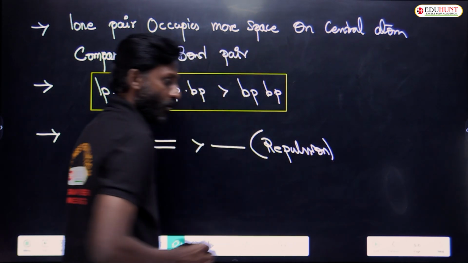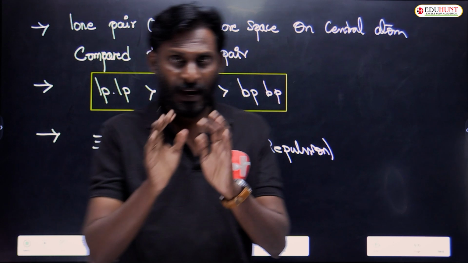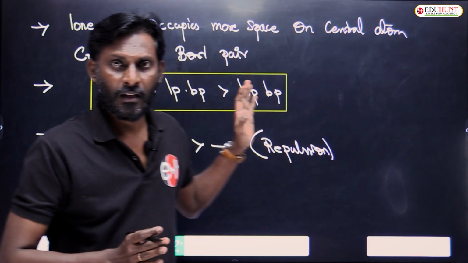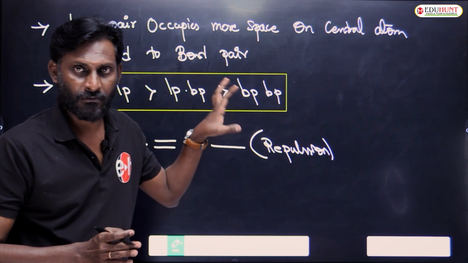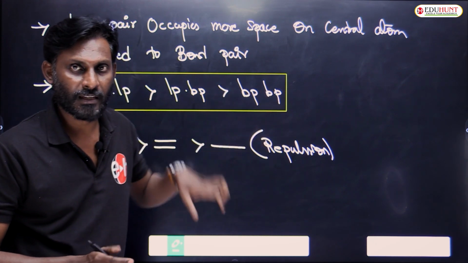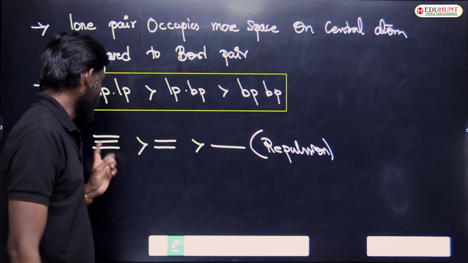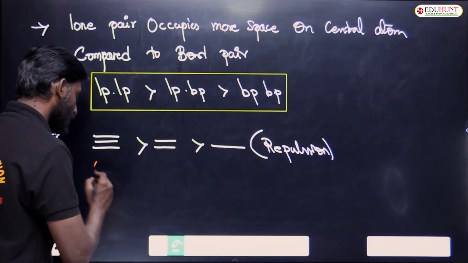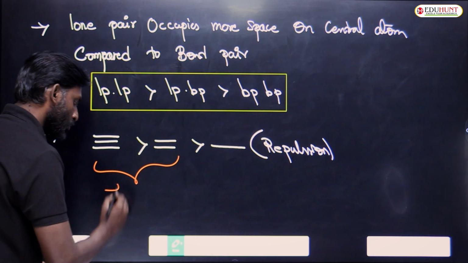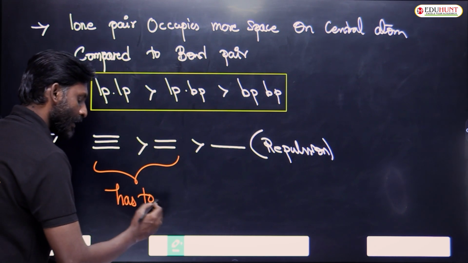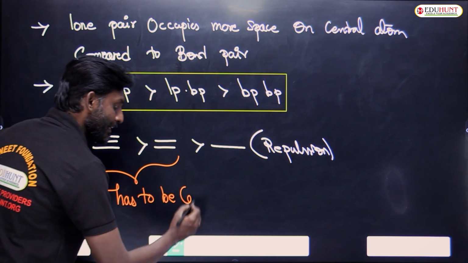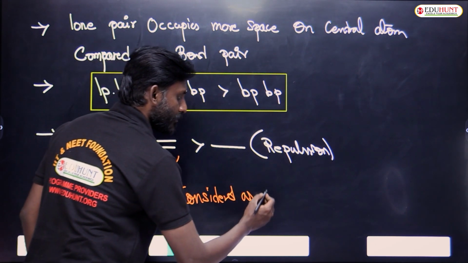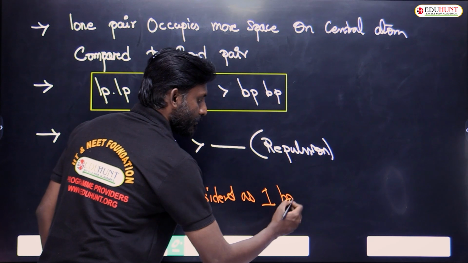But the point is, while determining the geometry or the shape with the help of this valence shell electron pair repulsion theory, please consider double bond or triple bond, both the multiple bonds, as one bond pair.